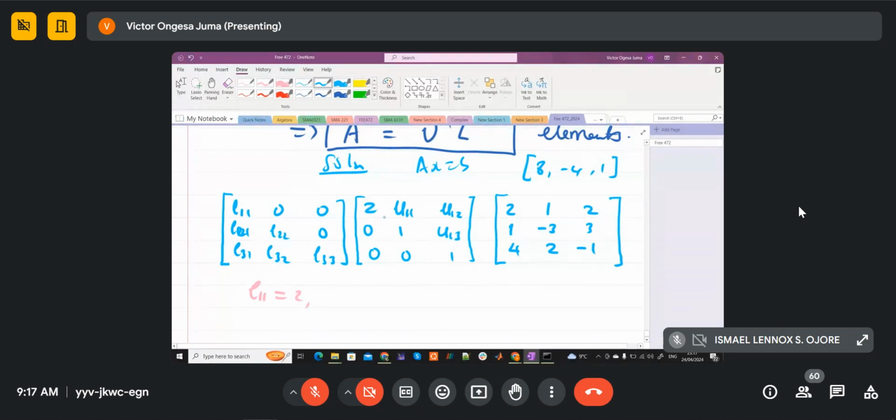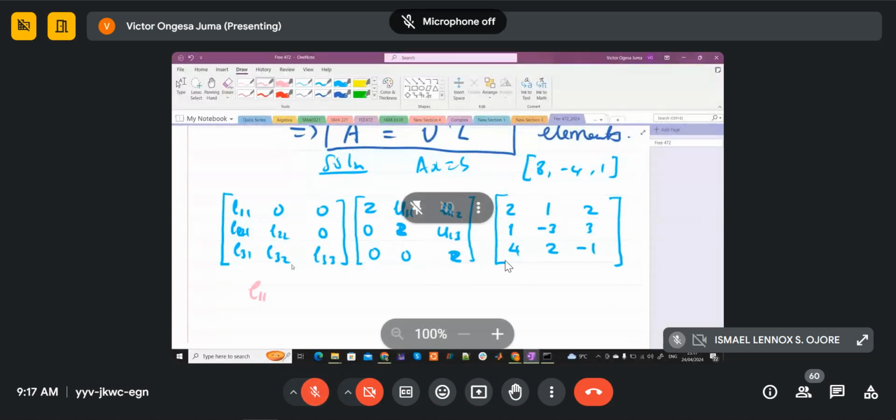It's just guesswork. Let me put all of them to 2 since they are 2. So if I fix that one to 2, what is L11? L11 is 1, correct.